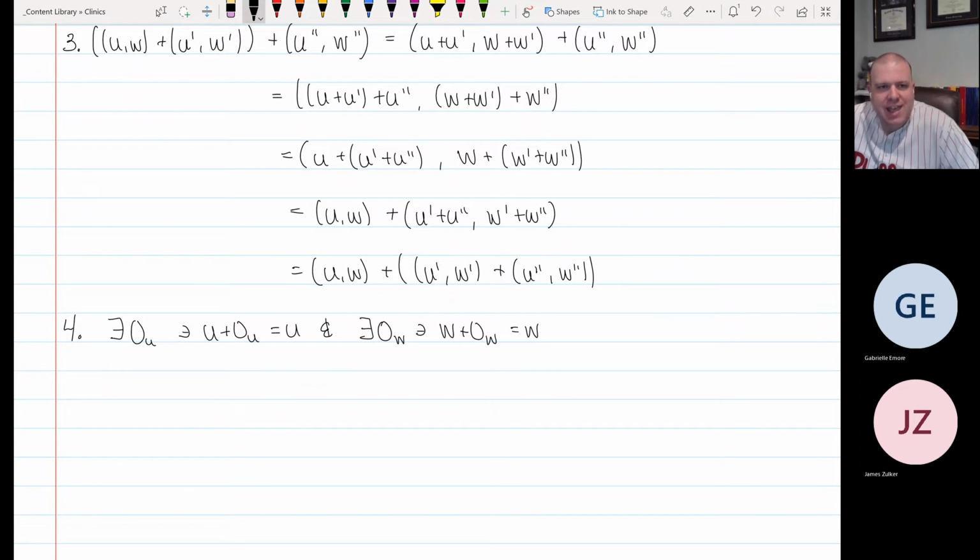Well, then why don't we just take our additive identity in V to be 0 U, comma, 0 W, right? So the additive identity of U, comma, the additive identity of W. Doing this, notice what we get.